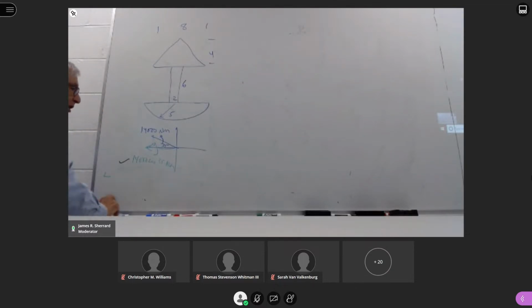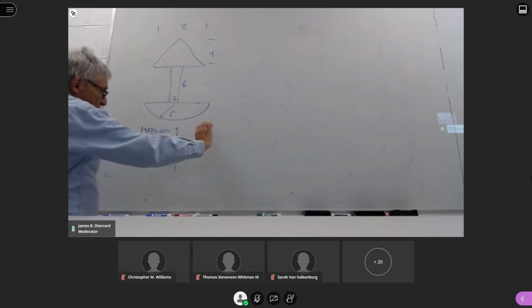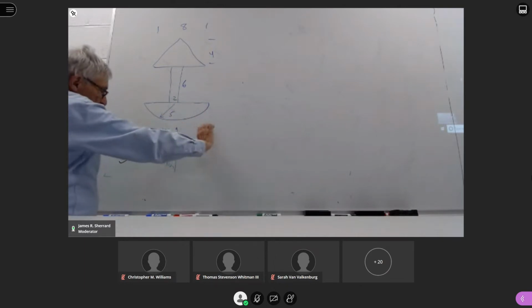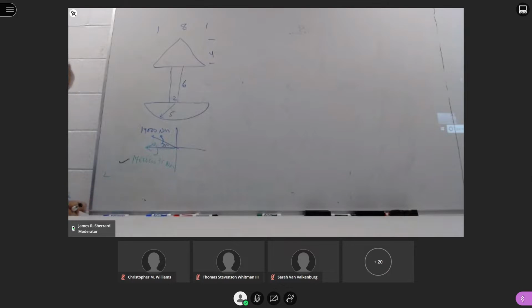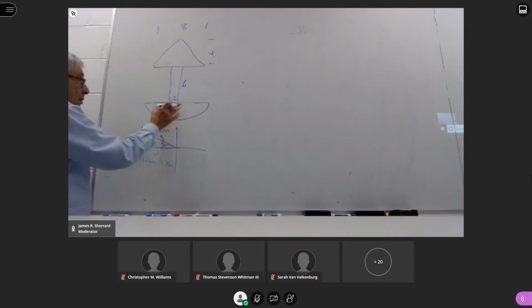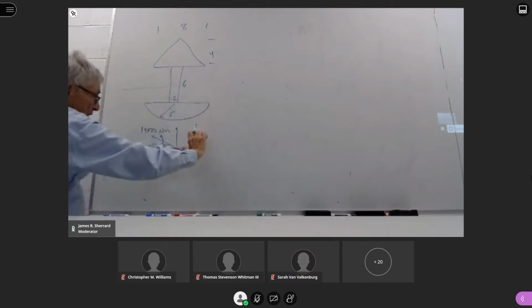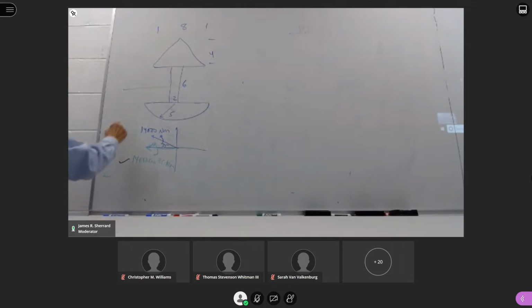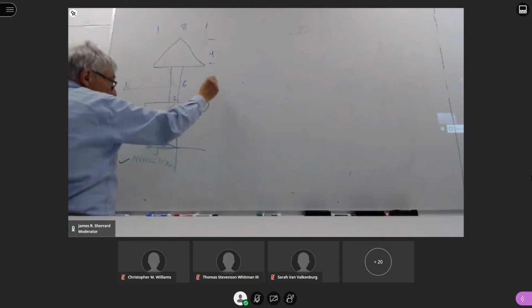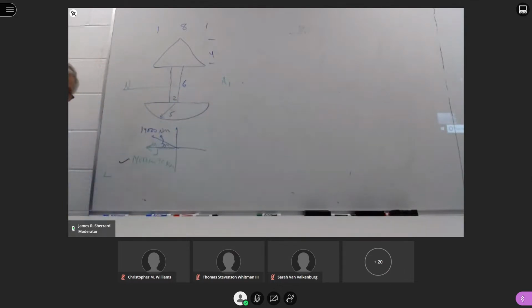I know that if I let my thumb run along that axis, that defines the neutral axis for this moment. So if I come up here, I'm not sure where it's going to be yet, but I know it's going to go in that direction because that's the direction of my thumb. This is neutral axis 1.